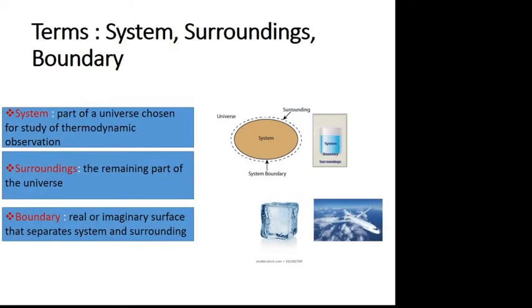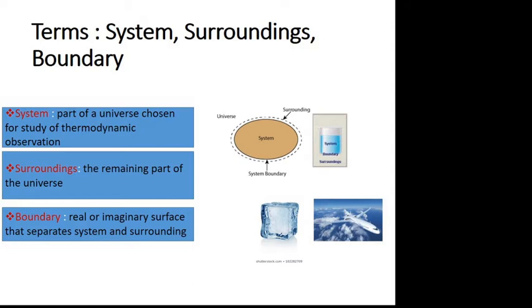Now when we go into thermodynamics, it's a must that we should know what is a system, what is a surrounding, and what is a boundary. System is that part of the universe chosen for study of thermodynamic observation. When we do thermodynamic studies, we will be performing that in a part of the universe.